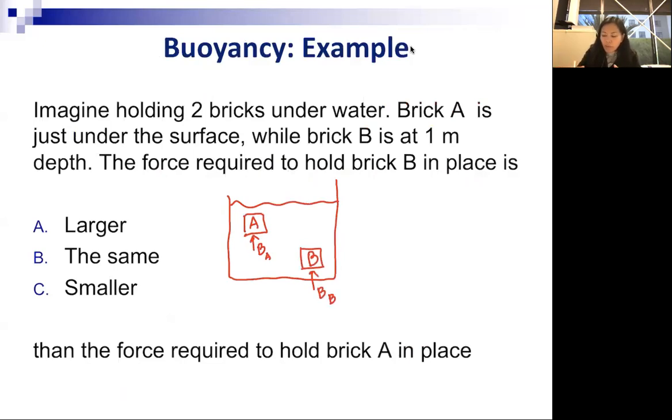The buoyancy force will tend to cause the bricks to float upwards if it is greater than the weight of the bricks. So you want to hold the bricks downwards with a force to counteract the buoyancy force. That's the applied force.